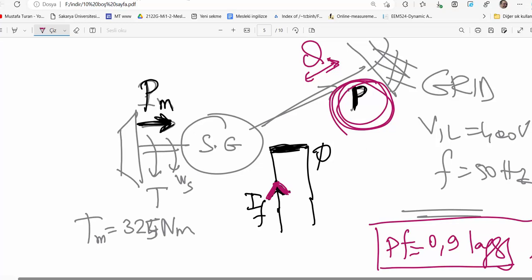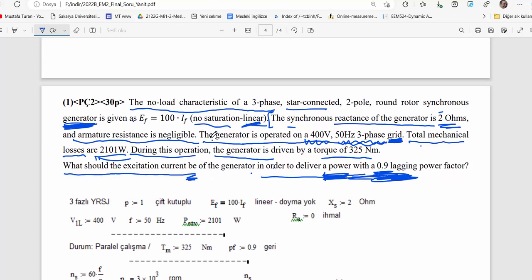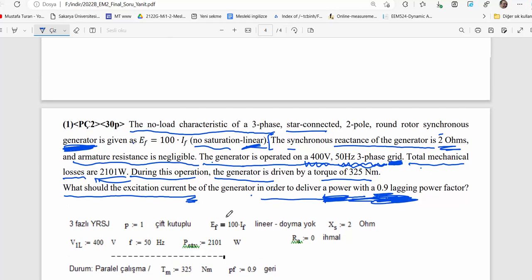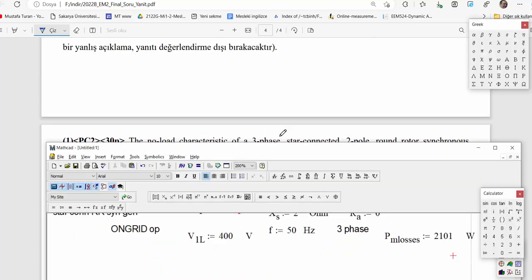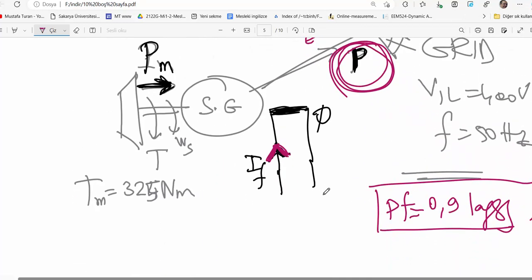It looks easy, but you should know and apply some equations. Okay, the time is getting consumed, so I'm in a hurry. Now, what is happening here?